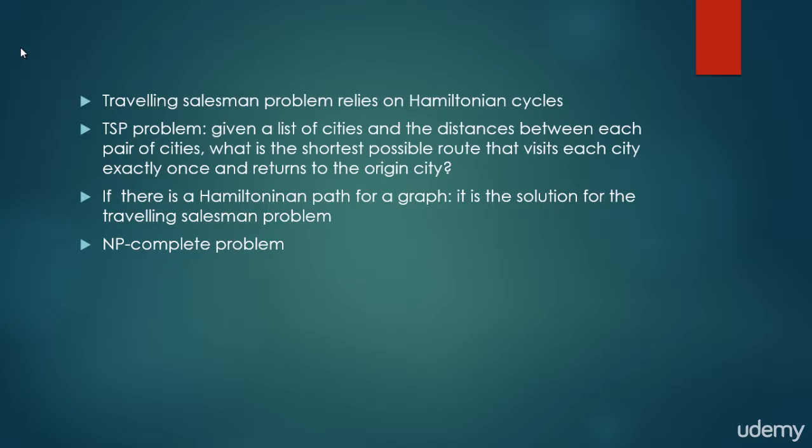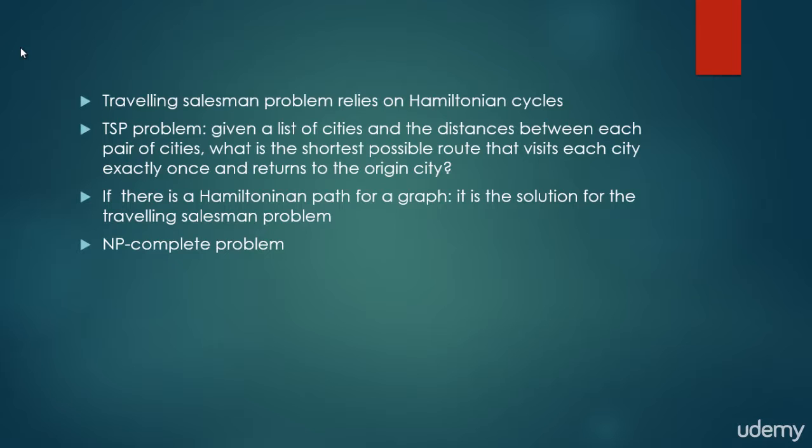Because the traveling salesman problem relies heavily on Hamiltonian cycles, and lots of graph algorithms can be reduced to the traveling salesman problem, for example optimization problems and so on. So what is this TSP, or traveling salesman problem? We are given a list of cities and the distances between each pair of cities, and what is the shortest possible route that visits each city exactly once and returns to the origin city?